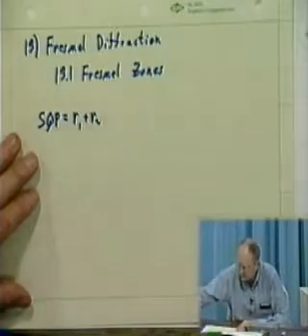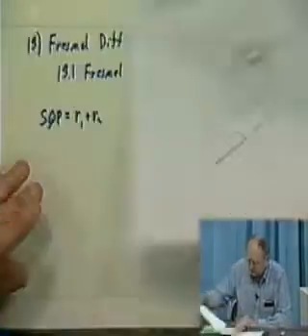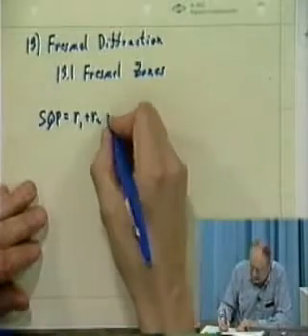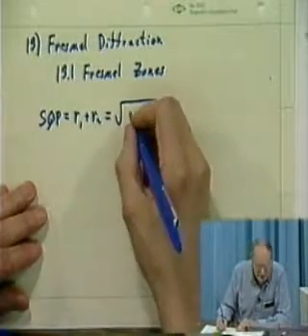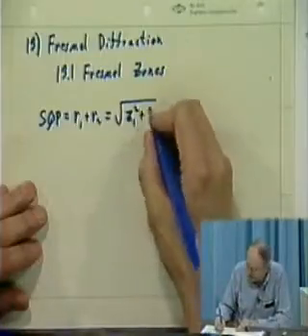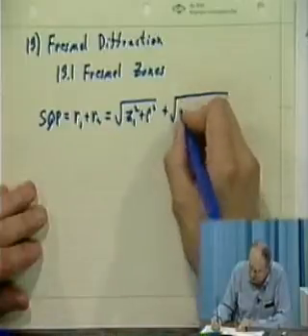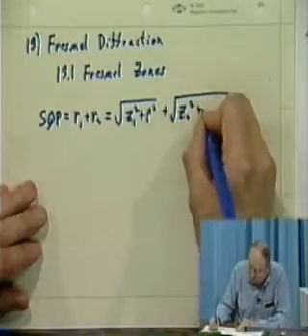So R1 plus R2 is equal to the square root of Z1 squared plus rho squared plus the square root of Z2 squared plus rho squared.